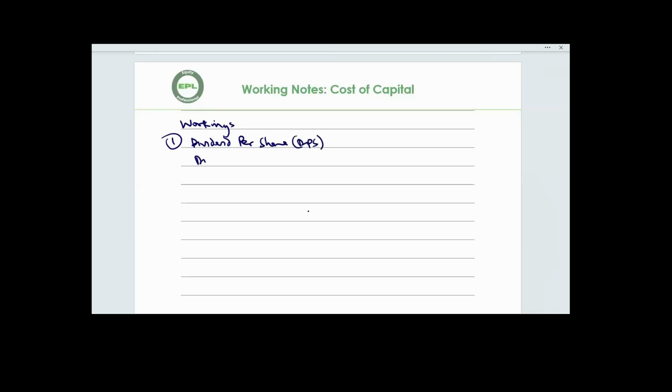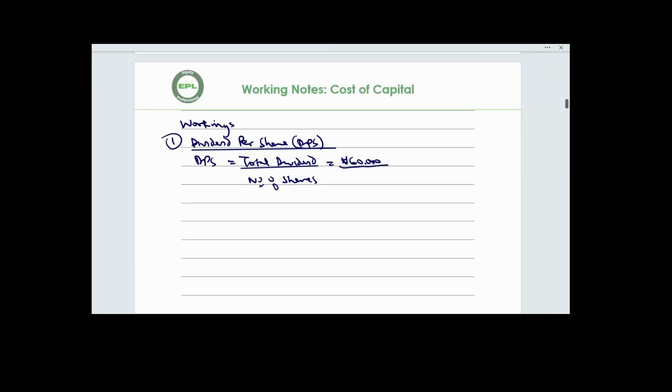And you know that dividend per share is calculated as total dividend divided by number of ordinary shares. The dividend given to us is 60,000 naira. That's the total dividend. Number of shares, according to the question, we are told is 500,000.